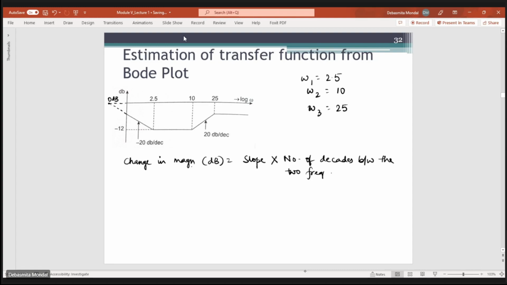At this point the frequency is known, and at this point the frequency is known, so this is basically 1.